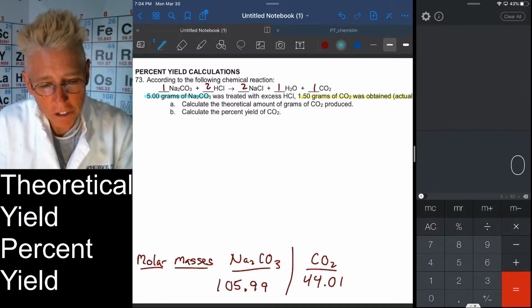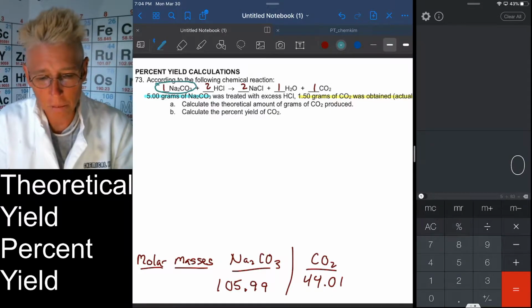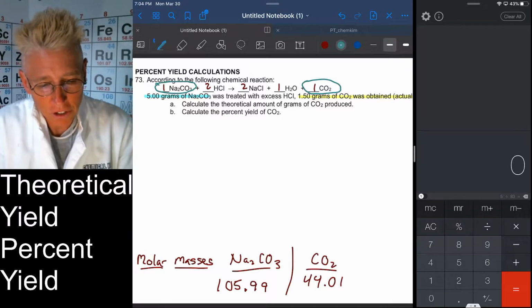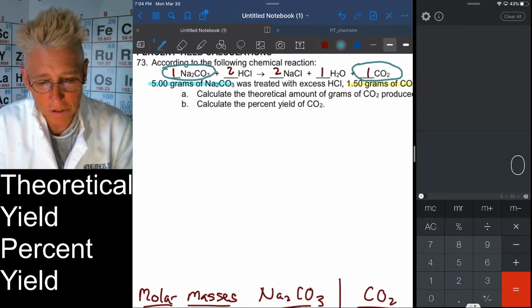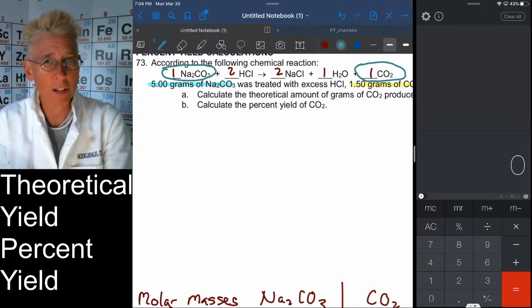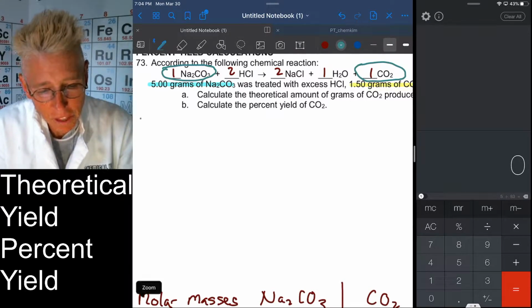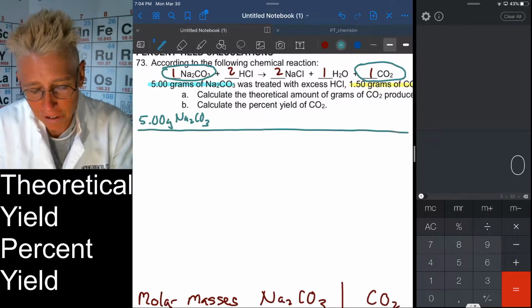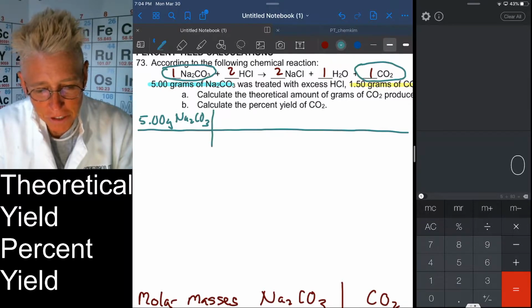So I'm going to be doing stoichiometry between the sodium carbonate and the carbon dioxide. Just like I've done in my stoichiometry videos, I'm going to do those 3 steps of stoichiometry because it's a gram to gram conversion. I'm going to start with 5.00 grams of the sodium carbonate, Na2CO3.